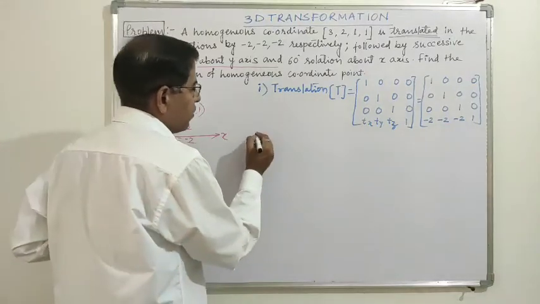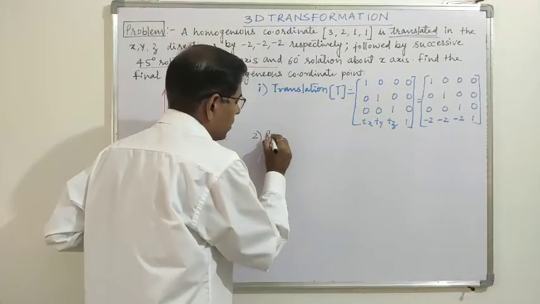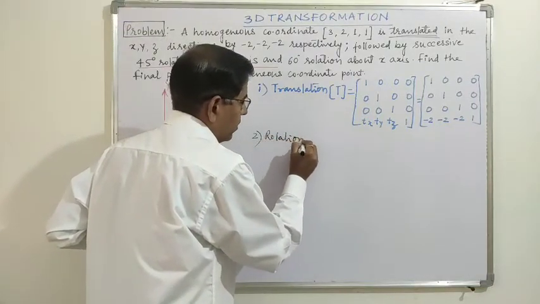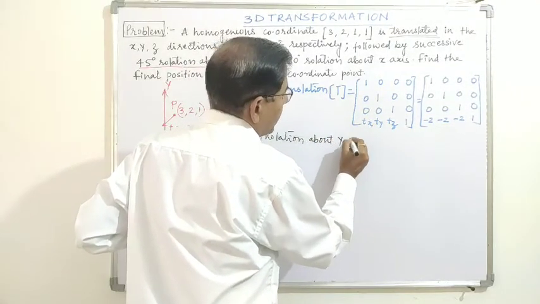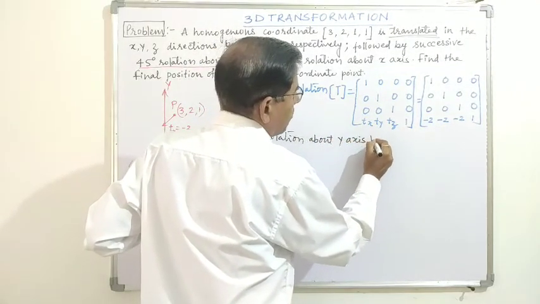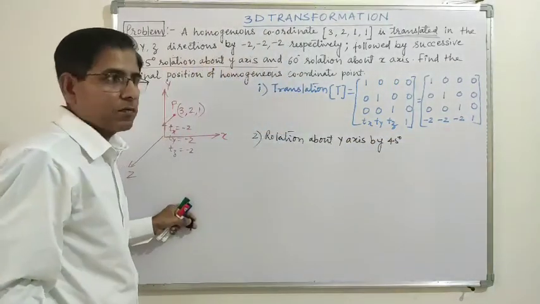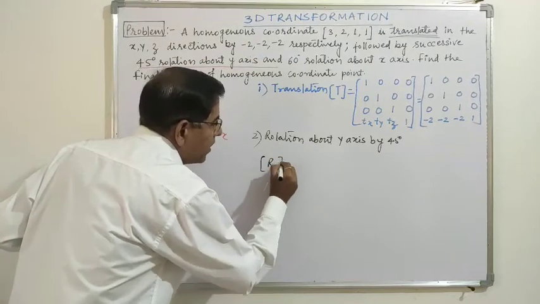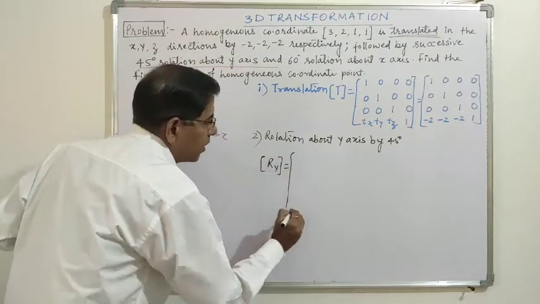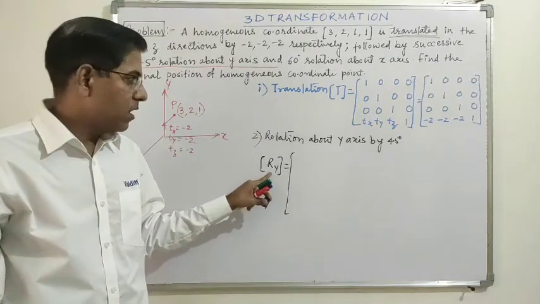Okay, now second transformation. Second is rotation about y-axis by 45 degree. Okay, so rotation about y, Ry. Now what is the rotation about y-axis matrix?